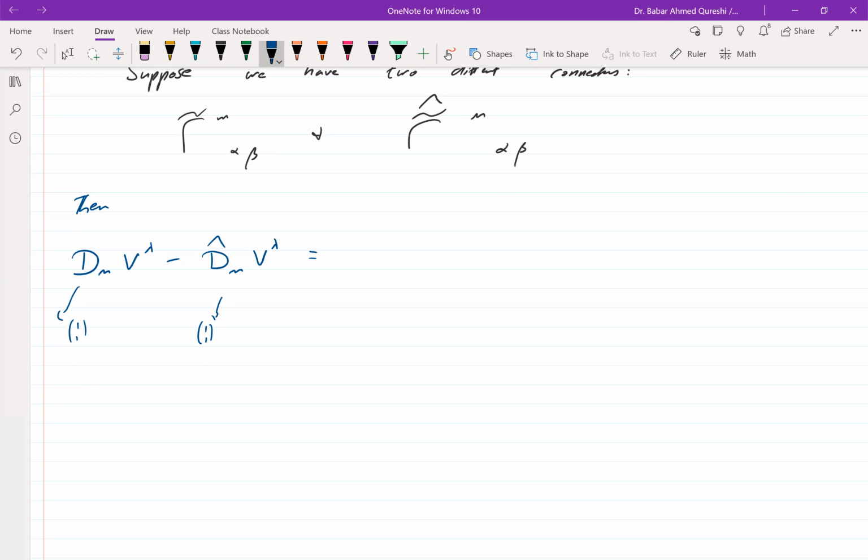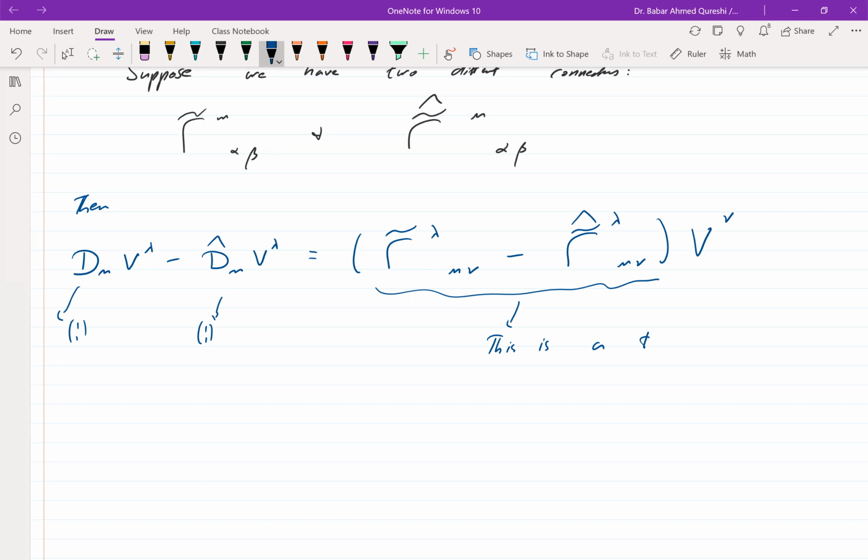But when I compute this difference, the partials will just drop out. And I'll be left with lambda mu nu, so the vector index is summed by introducing a new dummy variable. So that means this guy is a true tensor. It has a structure like this.